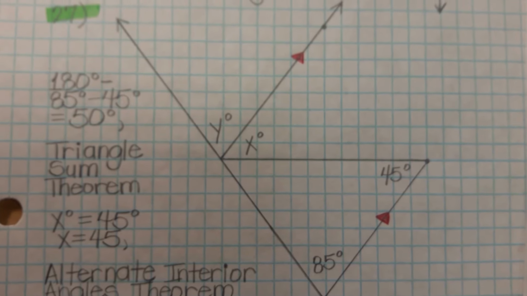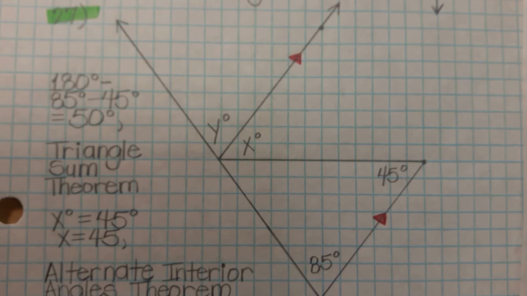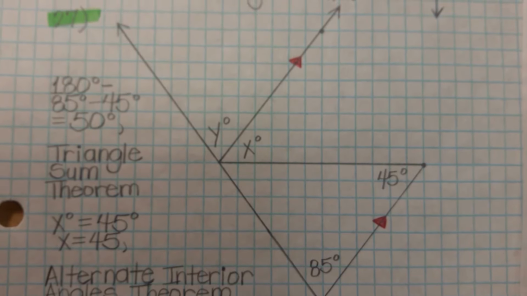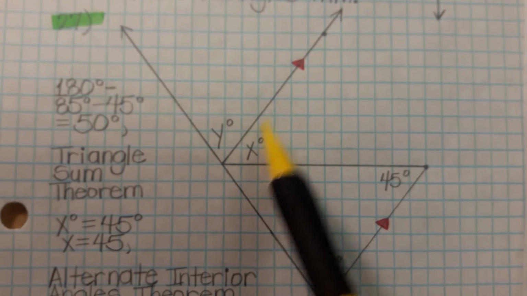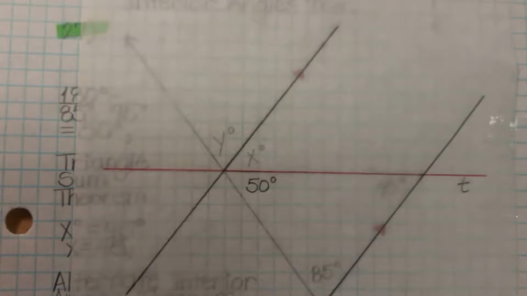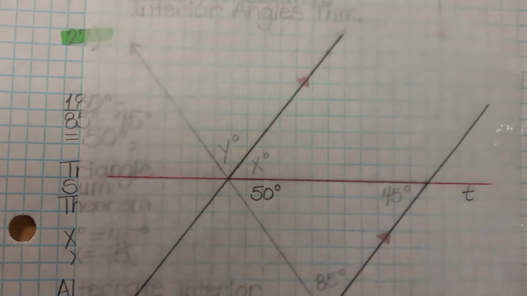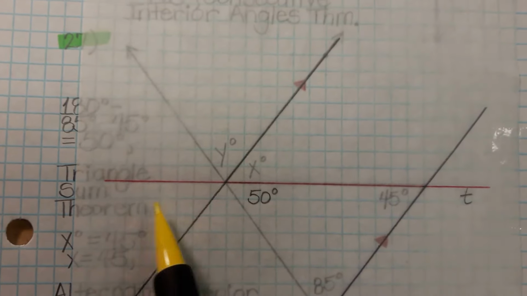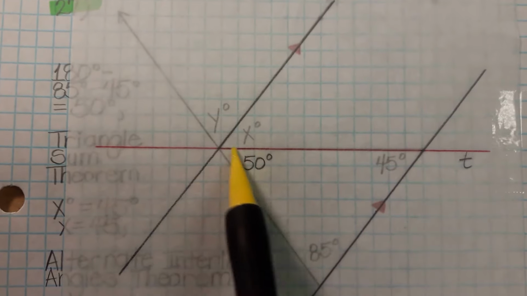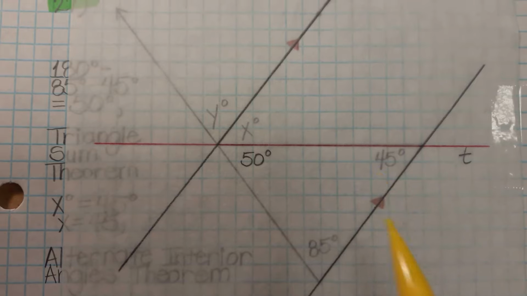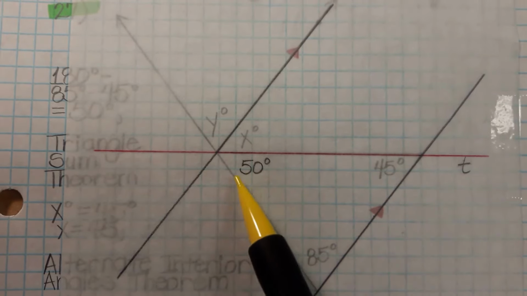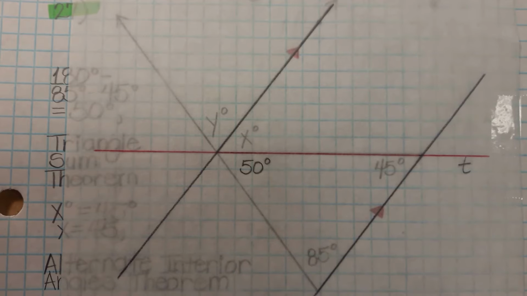Look at number 27. It says find the values of x and y. If you notice, I drew up my diagram and I see two parallel lines. I used my patty paper, and you can also see that diagram where you see the two parallel lines cut by a transversal. If I look at my patty paper, I can see that this is a triangle here. By the triangle sum theorem, I know that if I add all three angles up, it should always equal 180 degrees.